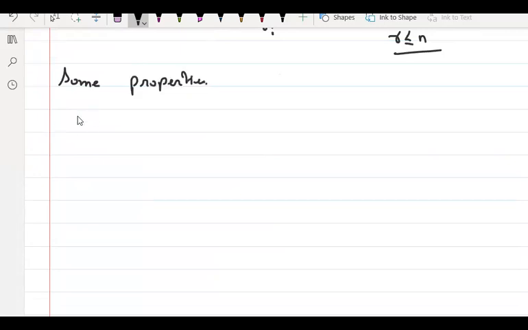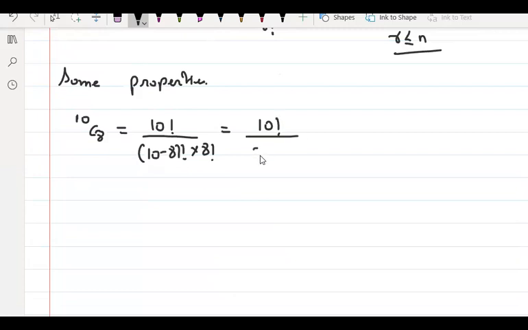Now tell me, 10C8 is equal to what? 10 factorial divided by (10 minus 8) factorial into 8 factorial. Agree? Which is basically 10 factorial divided by 2 factorial into 8 factorial.